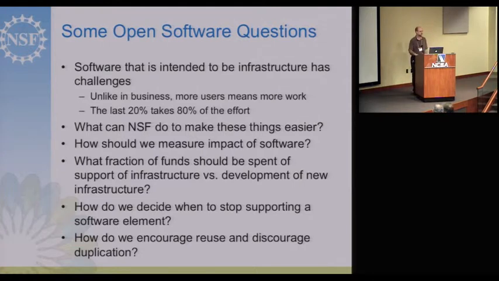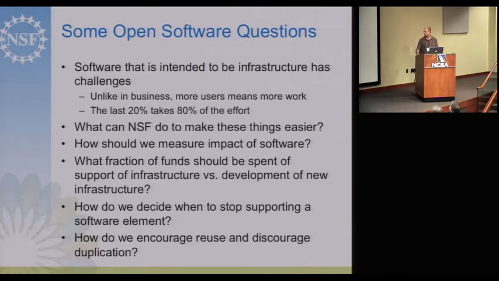Right? So when does a software package that we've been supporting for a while, when do we make the decision that we're no longer going to support that? Perhaps there's something else that's come out that the community is moving to. Perhaps the developers have decided they're not going to support that any longer. So there's no person that's really able to do that. So there's questions there as well.